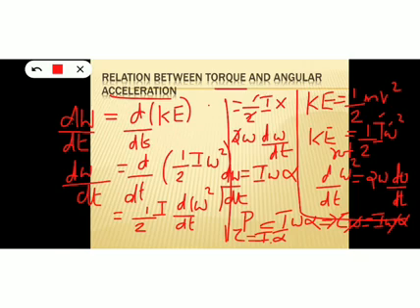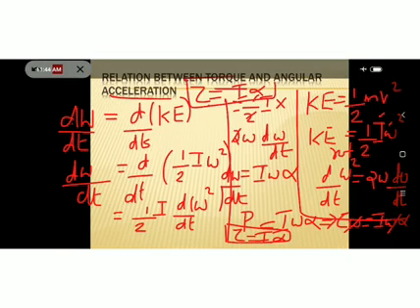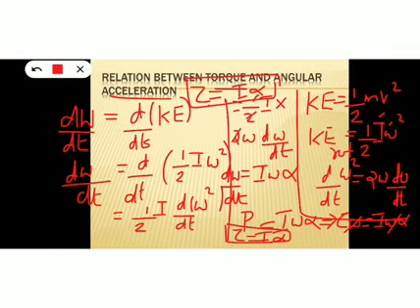Tau is equal to I alpha. So this is also another important expression for torque in terms of angular acceleration. So this is the relation between torque and angular acceleration. What is the relation? Torque tau is equal to I alpha, where I is the moment of inertia and alpha is the angular acceleration.